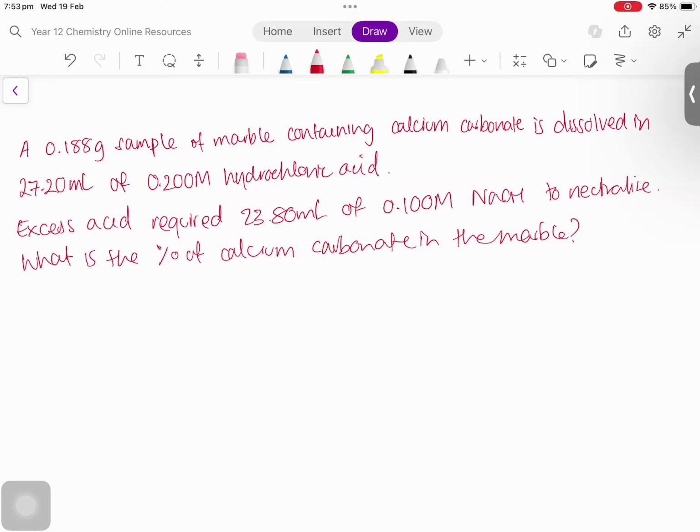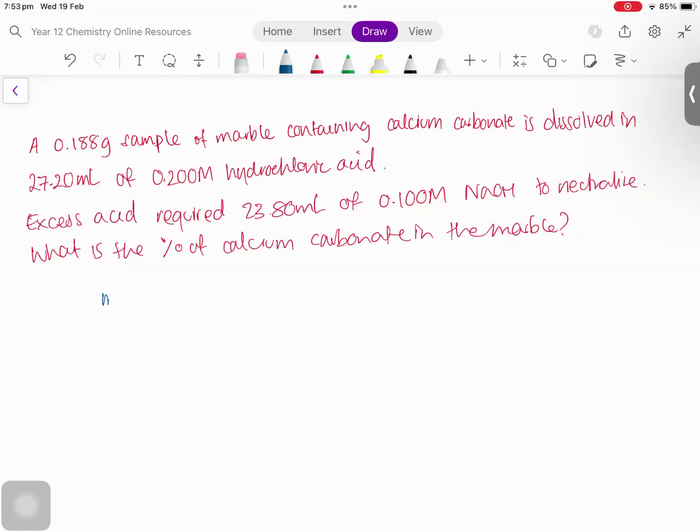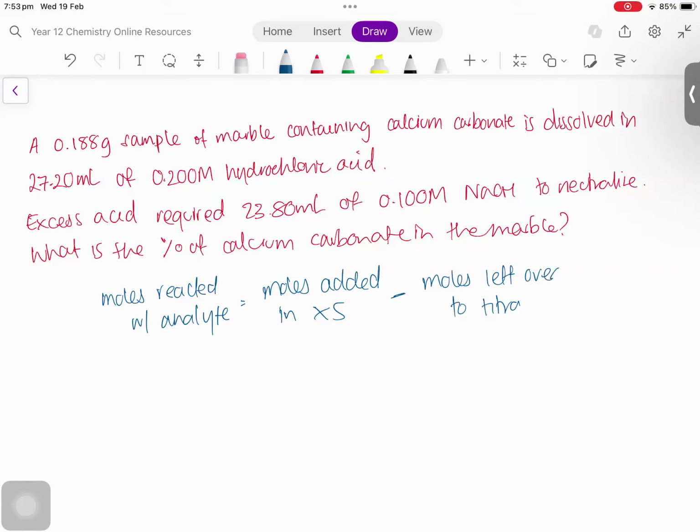Your net reaction that we're trying to calculate is moles reacted with your analyte is the moles that got added to your analyte in excess minus the moles that were left over that went into our titration afterwards.